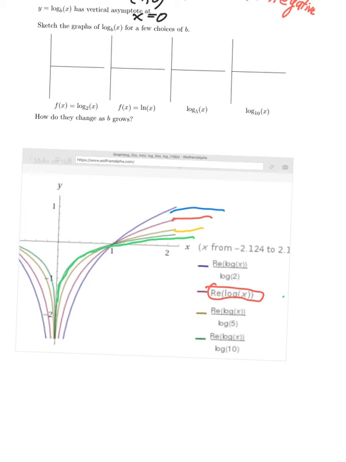So you notice something here. As the base is getting bigger, all of the graphs look qualitatively the same, but it looks like as the base grows, the graphs are being compressed horizontally. And we will explain this fact.